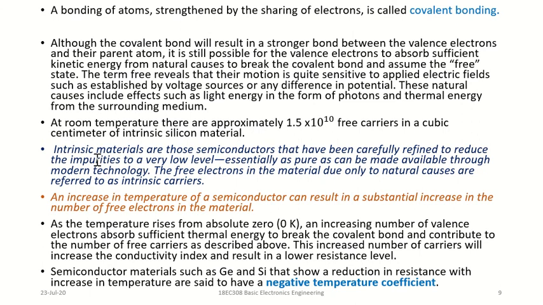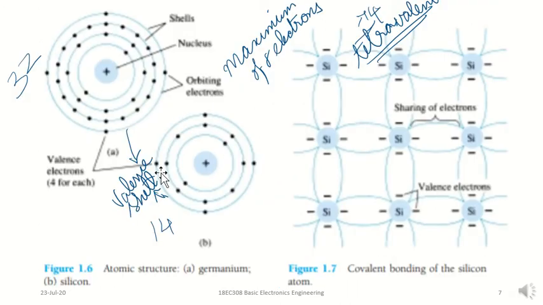You can see an intrinsic semiconductor is very refined, very pure. A pure semiconductor is called an intrinsic semiconductor, right? And what happens when I increase the temperature? These two semiconductors, pure germanium and pure silicon, are intrinsic semiconductors. This is a pure silicon structure, a covalent bonding structure.